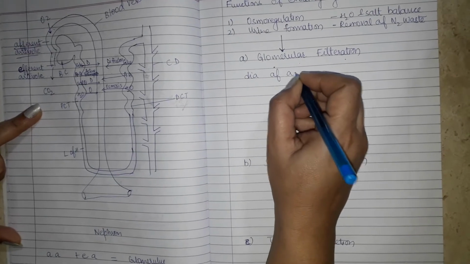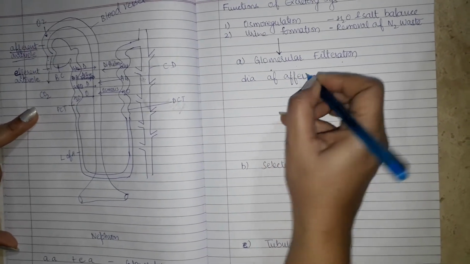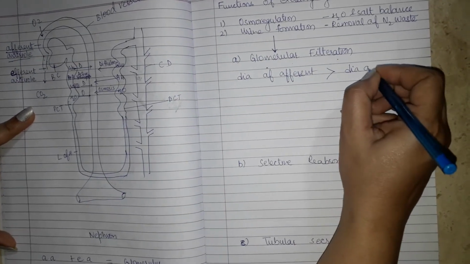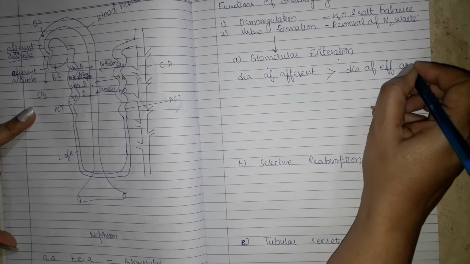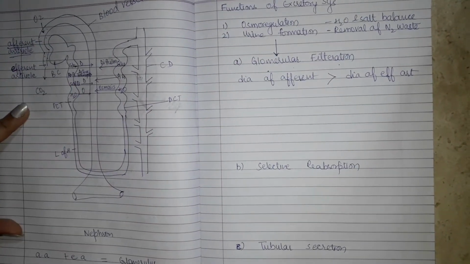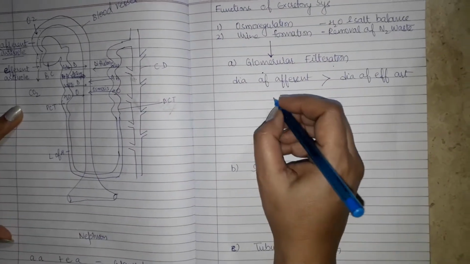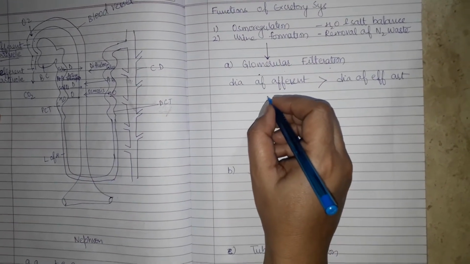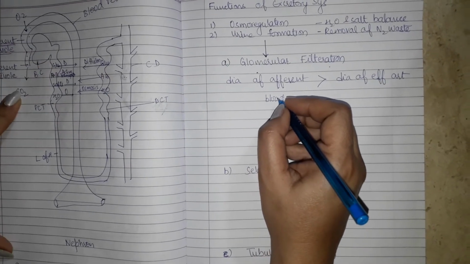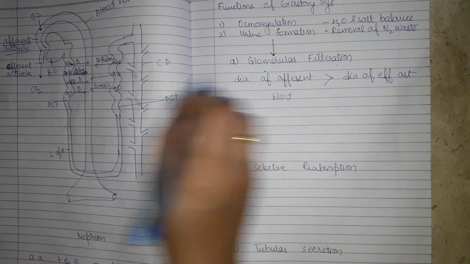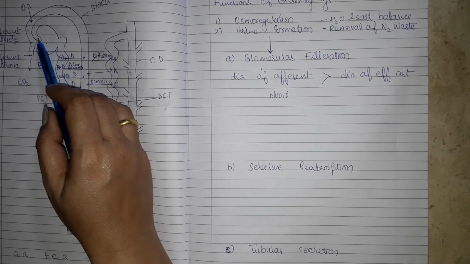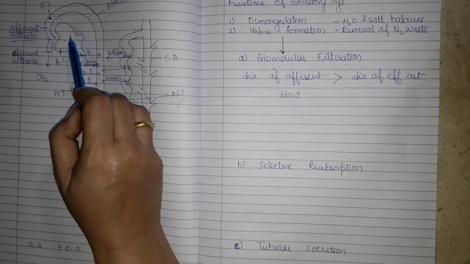The diameter of the afferent arteriole is greater than the diameter of the efferent arteriole. It means more blood is entering the nephron and less blood is leaving the nephron. क्योंकि जो ब्लड वेसल लेकर आ रही है ऑक्सीजनेटेड ब्लड, उसका डायमीटर ज़्यादा है, तो ज़्यादा ब्लड एंटर कर रहा है नेफ्रॉन में.